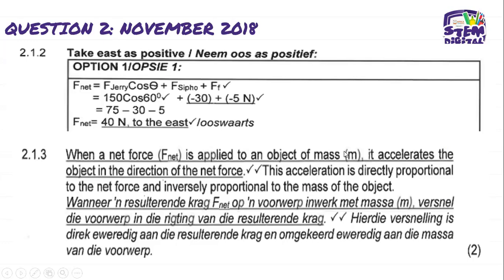Then we say it accelerates in the direction of the net force. It accelerates the object in the direction of the net force. And remember, you must write it in full. This acceleration is directly proportional to the net force and inversely proportional to the mass of the object.